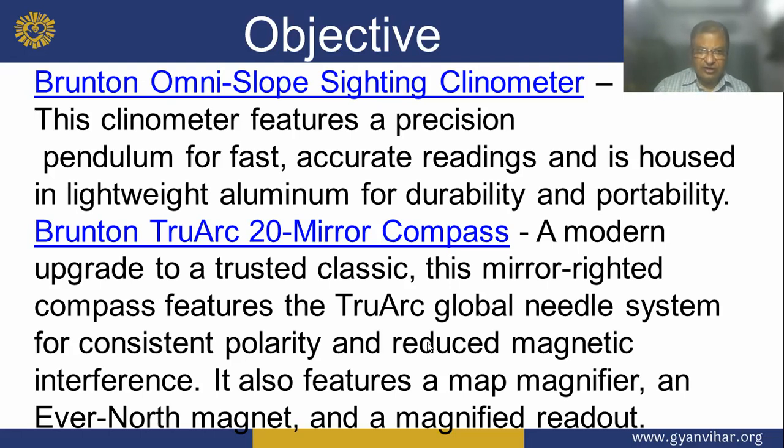Now, the Bernard TruArc 20 meter compass, a modern upgrade to a trusted classic, is a mirror sighted compass featuring the TruArc global needle system for constant polarity and reduced magnetic interference.